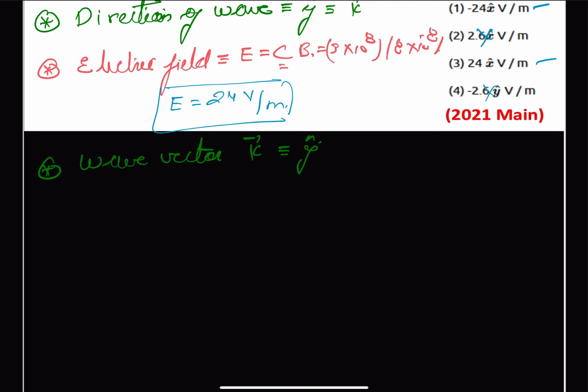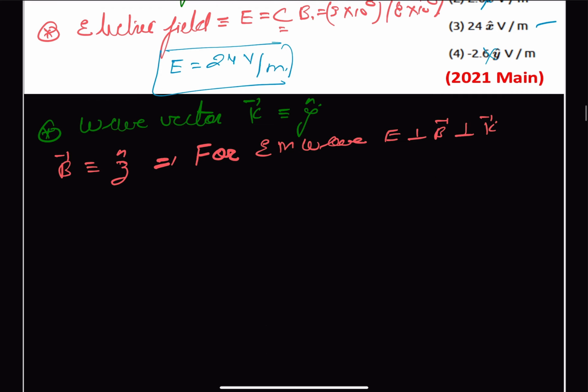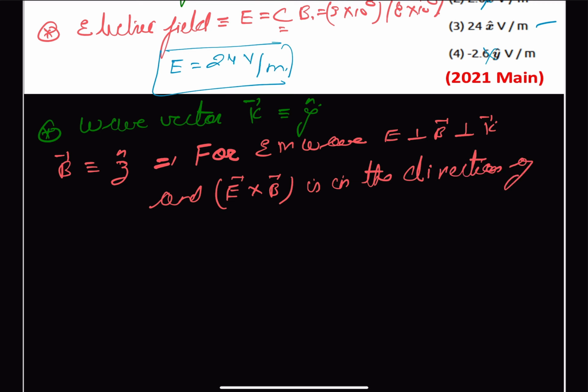So you can say that our magnetic field B is along z unit vector, and we know that for EM wave, electric field is perpendicular to magnetic field and is perpendicular to our wave vector, and our E cross B is in the direction of wave propagation.